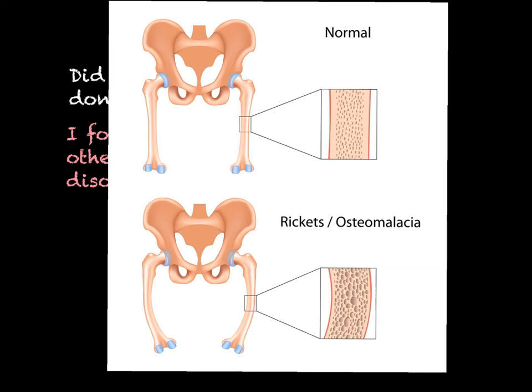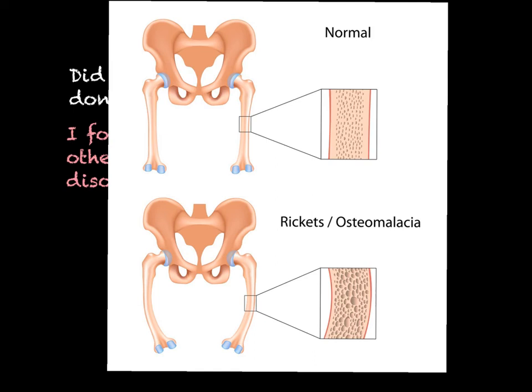Medical management, we're going to support the patient, of course, reduce their pain, but really most of the medical interventions will be aimed at correcting the underlying cause. If you have kidney disease, you're going to have to supplement in a form of vitamin D that's already activated, and that's calcitriol.